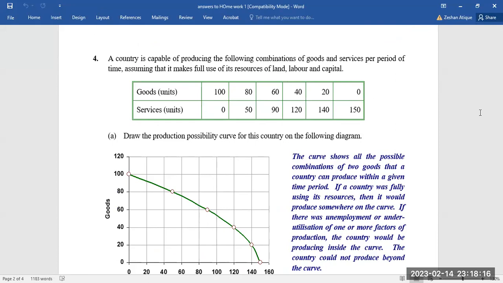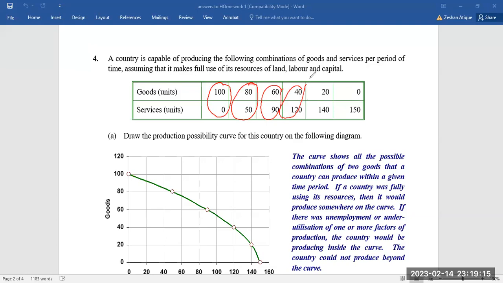We can see that you are able to produce different combinations, for example, 0 units of services and 100 units of goods. Similarly, 50 units of services and 80 units of goods, and other combinations, all right?